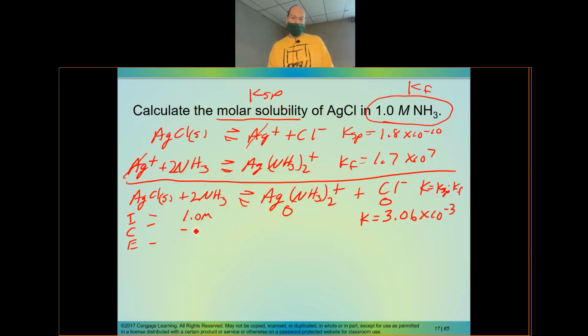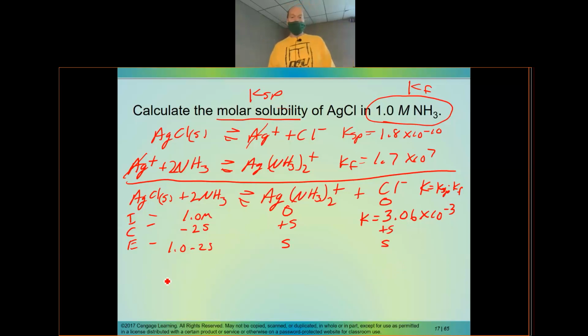So minus 2S, and since it asks for molar solubility, I'm going to use the letter S. X is fine, but I'm going to use S because we're finding the molar solubility. And then here is plus S, and here is plus S. So at equilibrium, 1.0 minus 2S, S, and S.